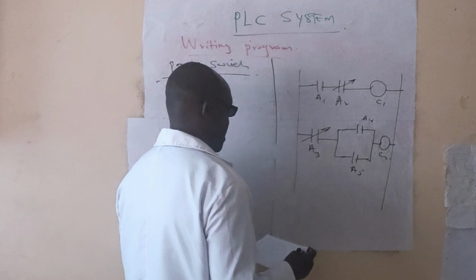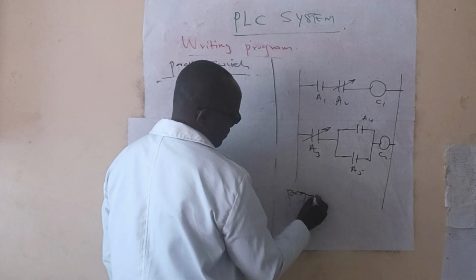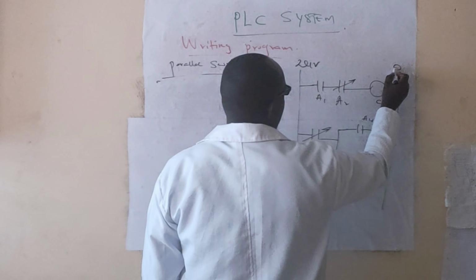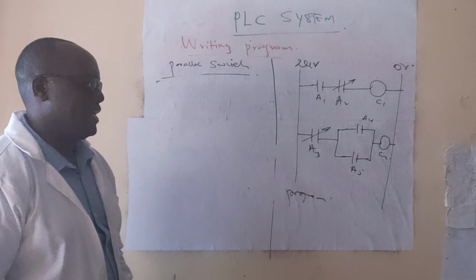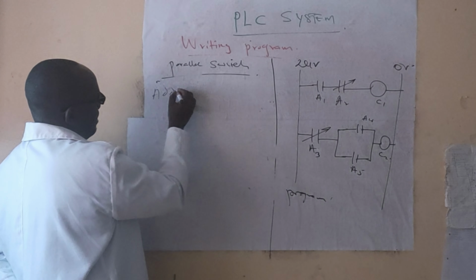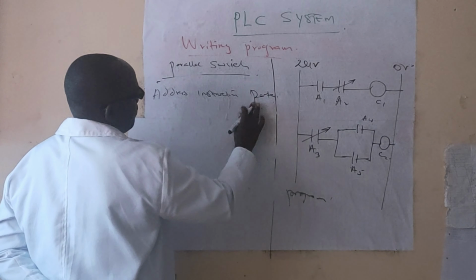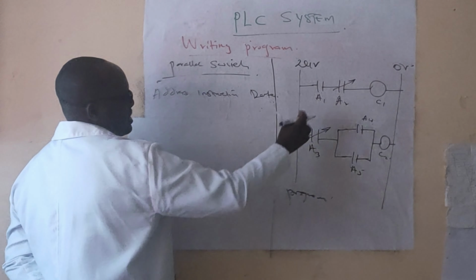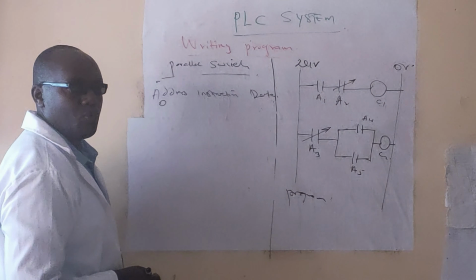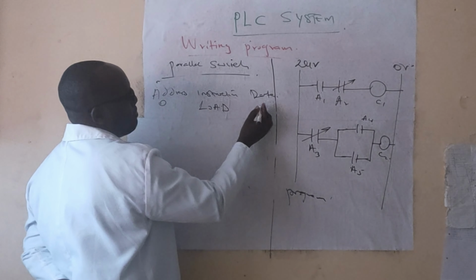So here we are to come up with the program. We've been given the ladder diagram, and we are supposed to come up with the program. In a program, there is the address, the instructions, and the data format. So address 0 is here, load A1.